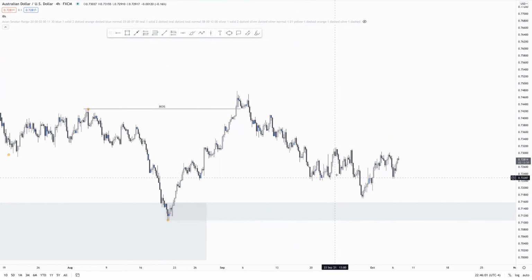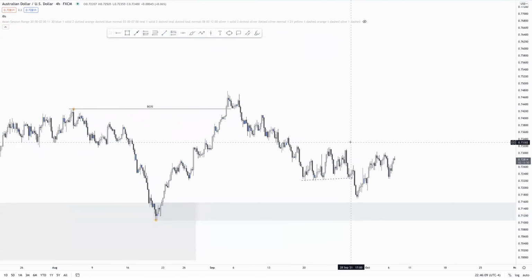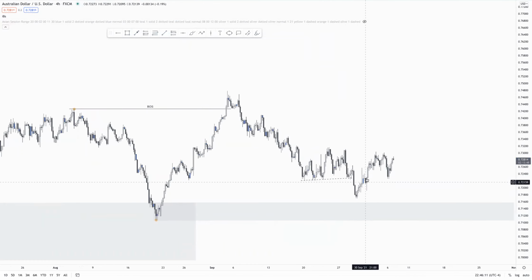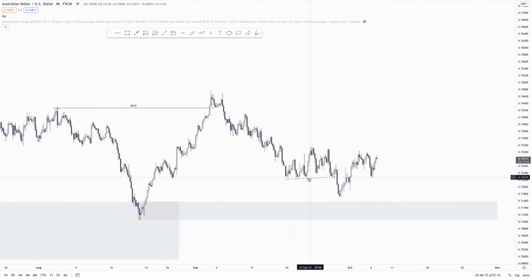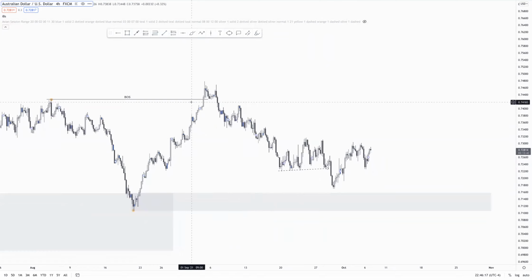Price barely missed it, grabbing all of these lows here, likely just enticing people to buy off of this or somewhere down here. It doesn't really matter how you think of it, but let's look at the structure that we had going on here. We had a high.